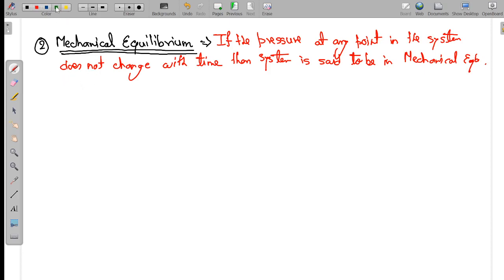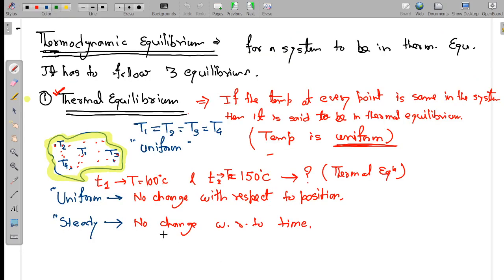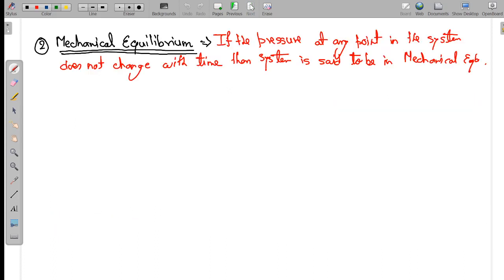I just told you on the previous page that when anything is not changing with respect to time, it should be steady. So we can write here that pressure, or we can also say force, is steady. So what do you mean by pressure is steady?